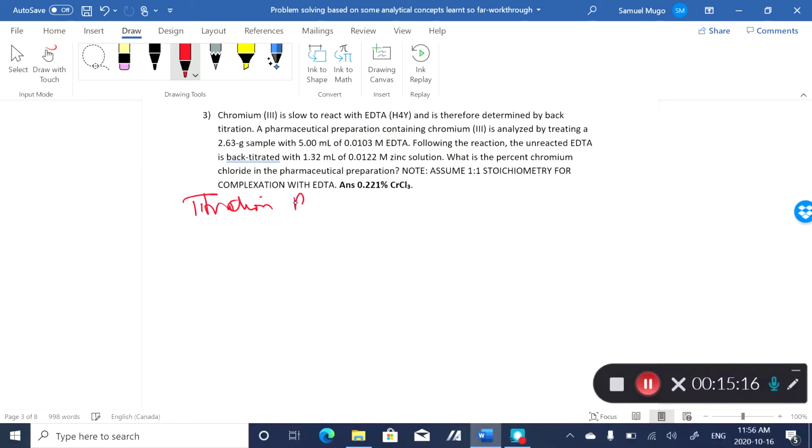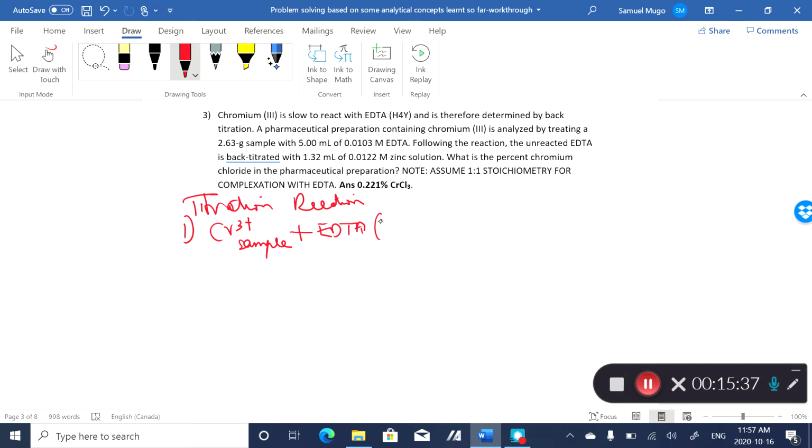The titration reaction. So the first reaction, you can see I've got chromium 3+ in my sample, and I'm reacting it with EDTA, ethylenediaminetetraacetic acid.